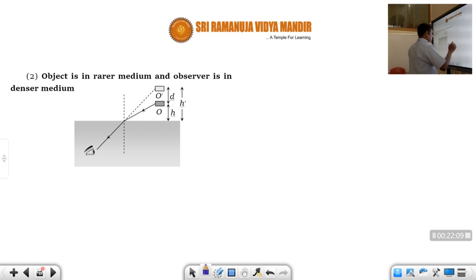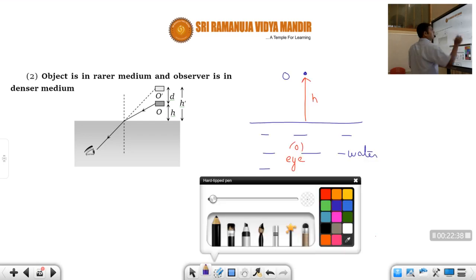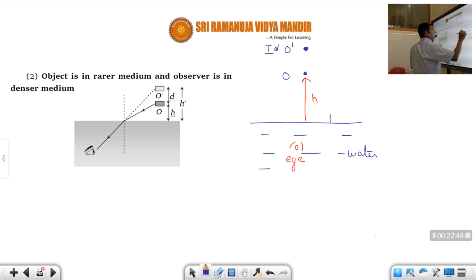When you see from here, where this is the eye, this object will appear somewhere around here. This is called O dash or I. It will not appear at its real position. So its apparent height is given by this one, called h dash.